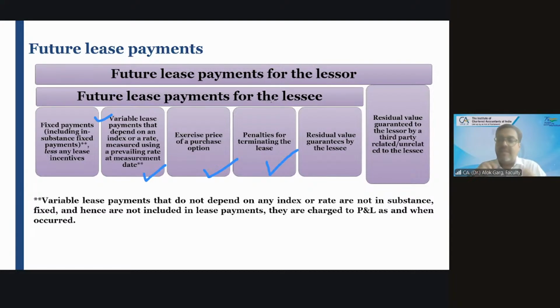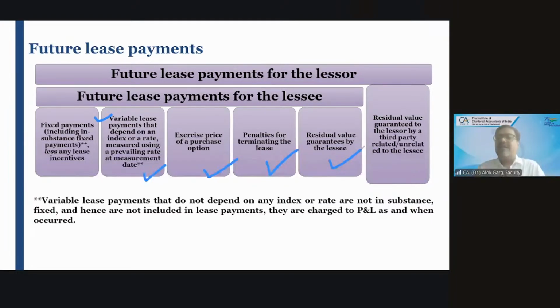And it is reasonably certain that the lessee will terminate the lease, and hence the lessee has taken the lease term of 6 years only, for example. So friends, in this case, the penalties for terminating the lease are also going to be taken into consideration in the lease payment. Okay.